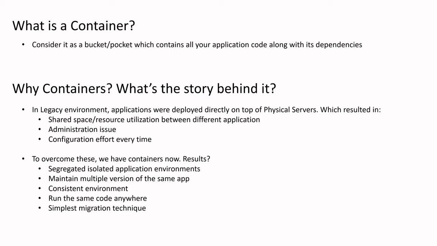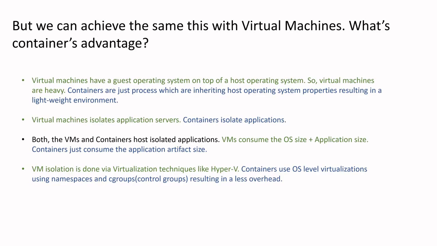You have a consistent environment, because these containers run on some kind of container framework, and you just pick the container from here and deploy it on top of another infrastructure which also has the same container runtime, and it will run consistently. Similarly, you can have the same code running everywhere, and if you want to migrate, it's simple. You take the container out of this host and just host it on top of another container framework's host.